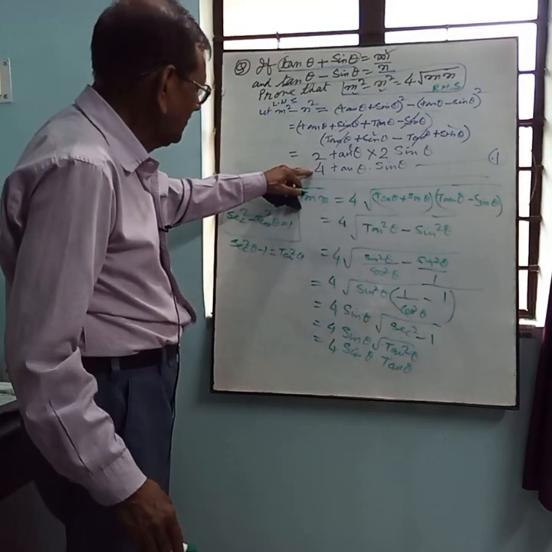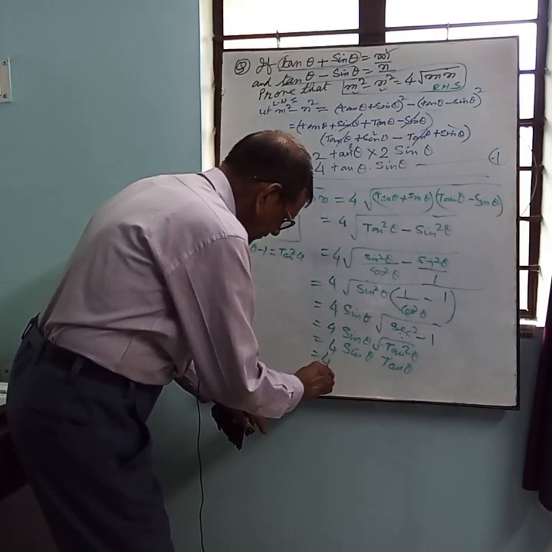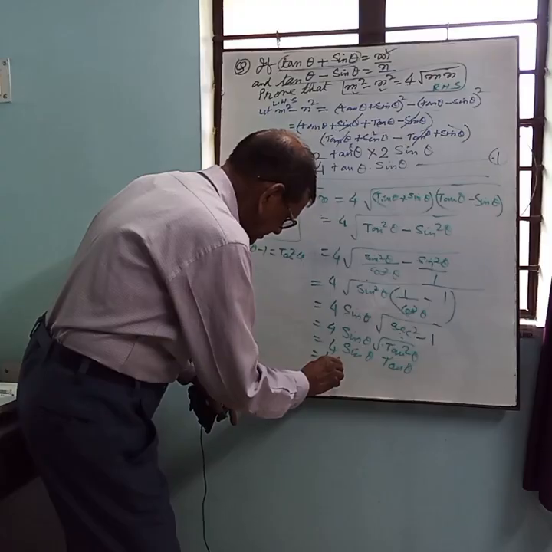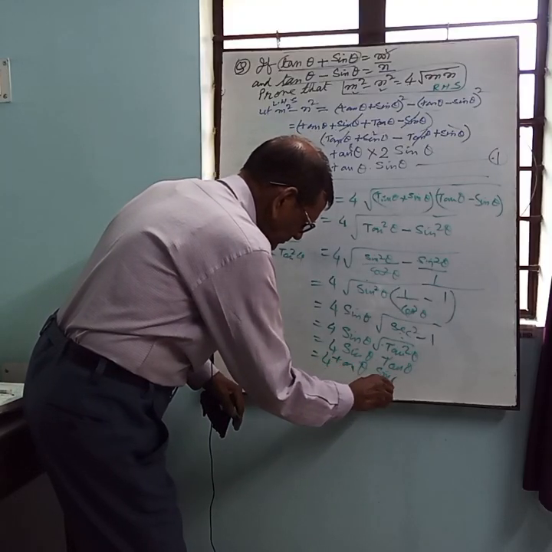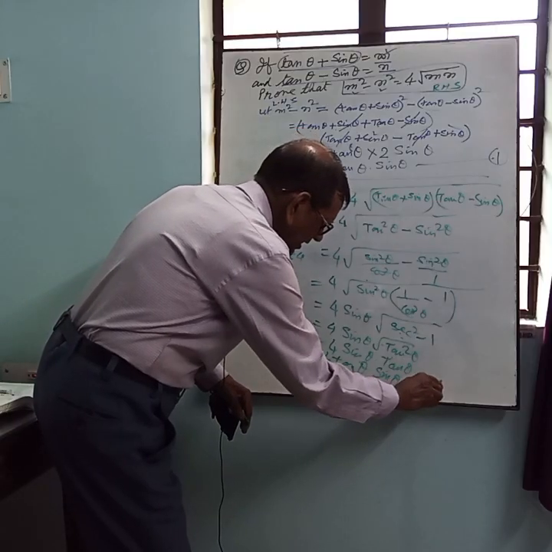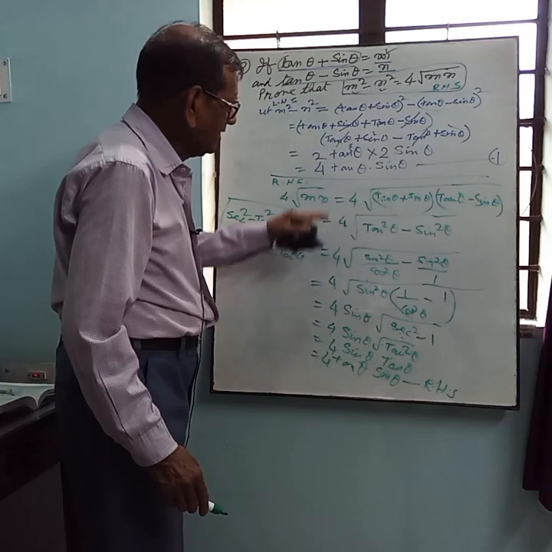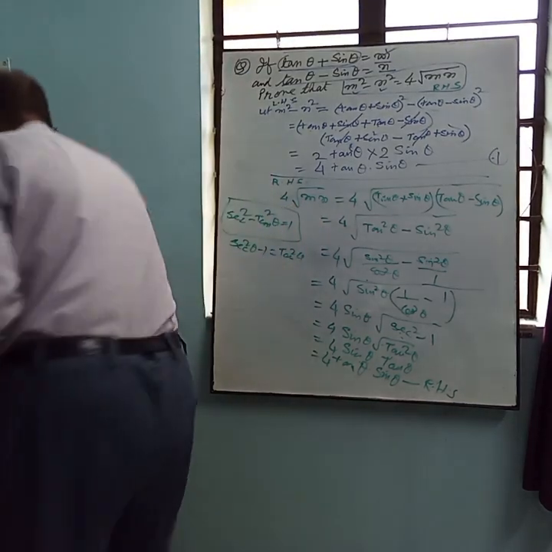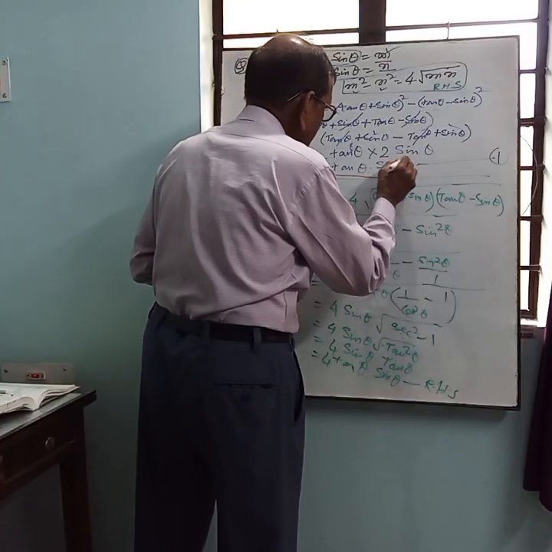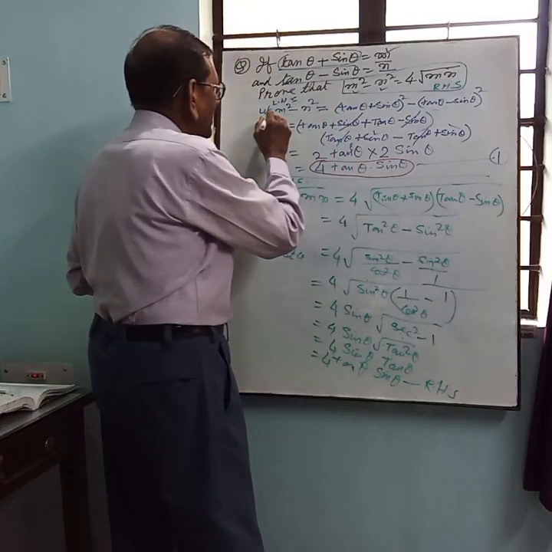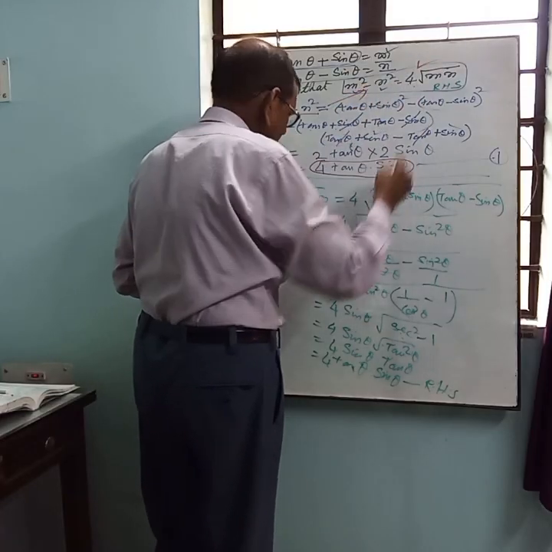See here LHS 4 tan theta. You can write in a product this form. 4 tan theta into sin theta. So this is your RHS. Very important, you are seeing here that 4 tan theta into sin theta is the value of this, here it is.